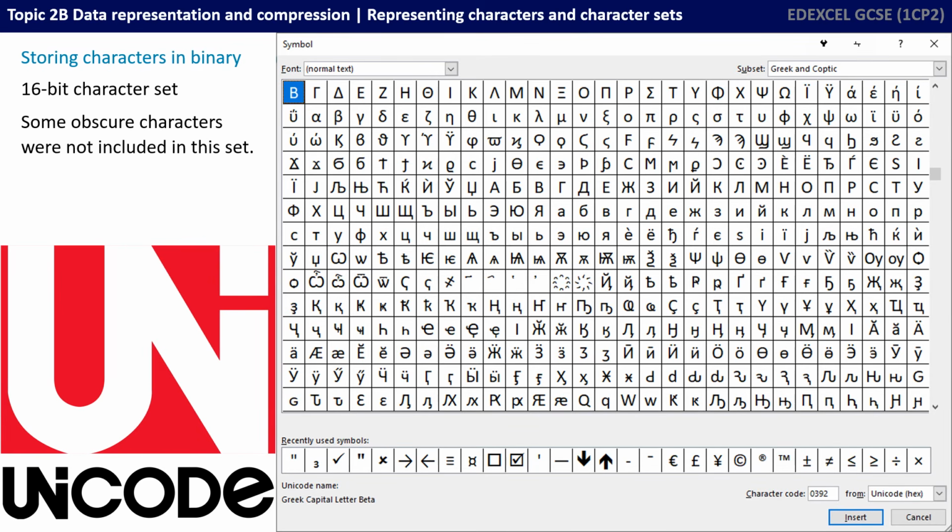Unicode was originally a 16-bit character set. Many of the lesser used Chinese characters that referred to people's names or places were not included, or ancient symbols that were no longer in use. It was thought originally these would not be necessary, but that proved not to be the case.